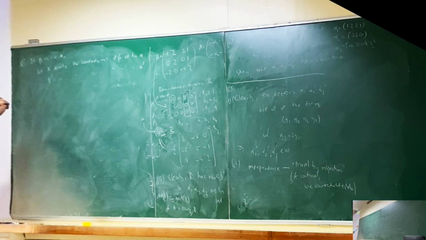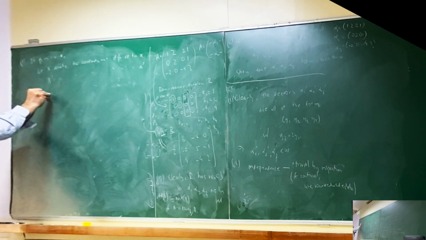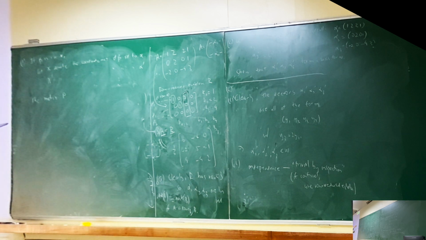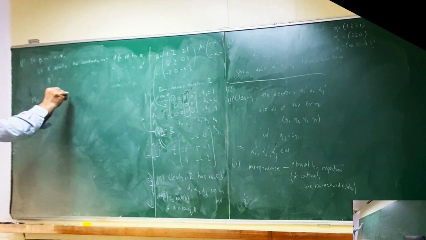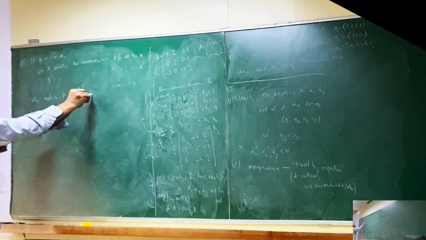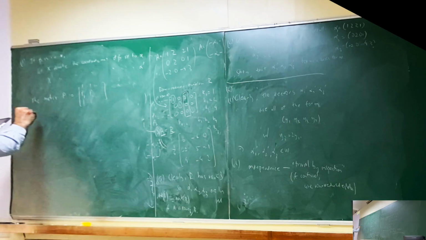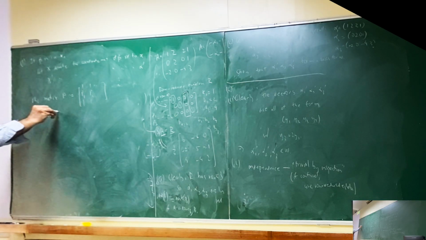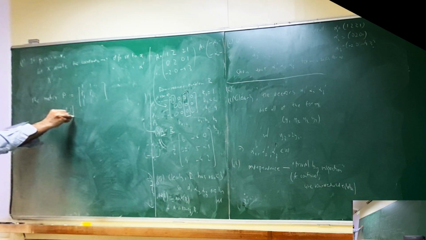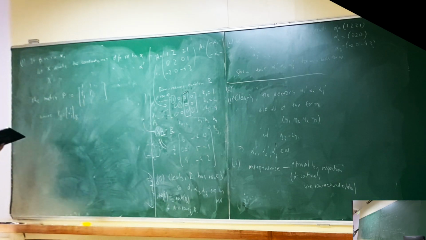The matrix P is defined as follows: P1, ..., where Pj is the coordinate matrix of alpha prime j relative to alpha.